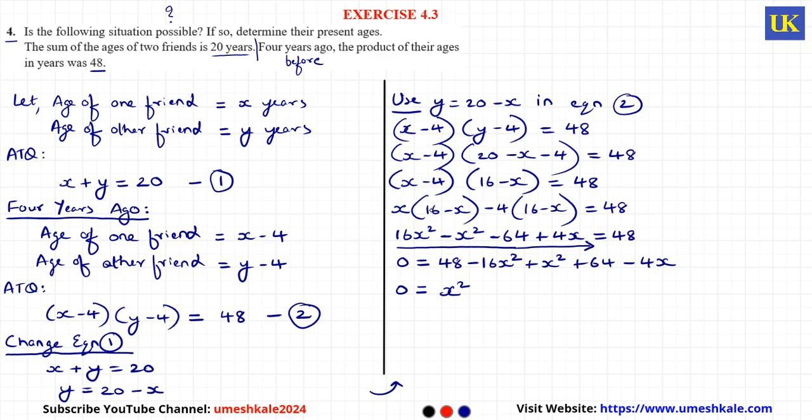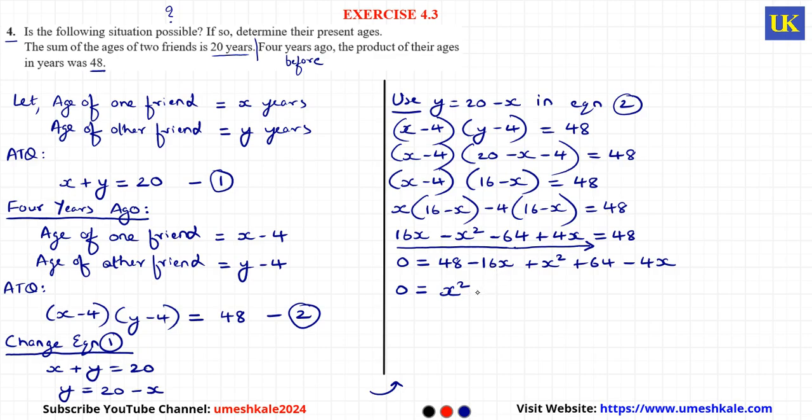So x into 16 will become 16x. So this 2 will not come here, and here also this 2 will not come. Let me just rub this. So here x into 16 is 16x, and the same thing is here also. I had written square here and here, but we should not write square because x into 16 is just 16x and not 16x square.